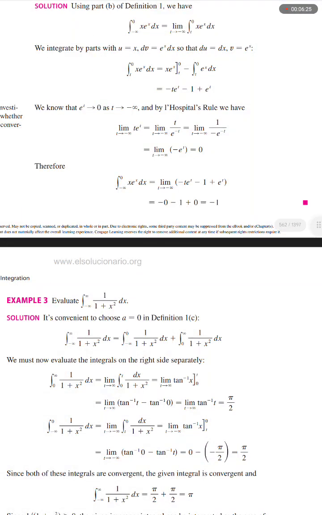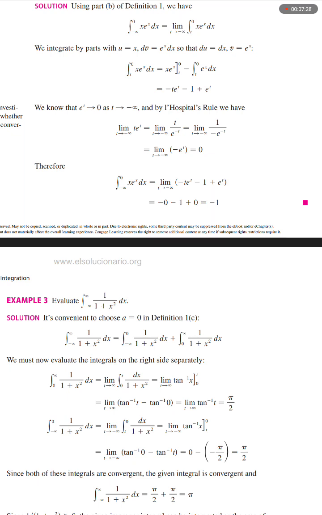And by L'Hopital's rule, the limit as t approaches negative infinity of t times e to the power t equals the limit as t approaches negative infinity of t over e to the power negative t, which equals the limit as t approaches negative infinity of 1 over negative e to the power negative t, which equals the limit as t approaches negative infinity of (negative e to the power t), which equals 0.